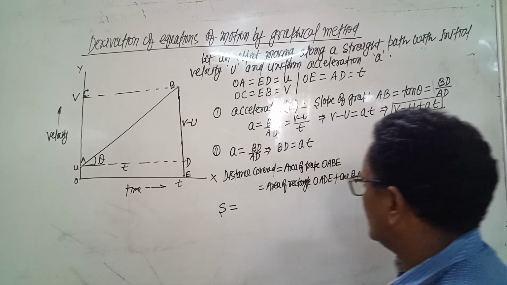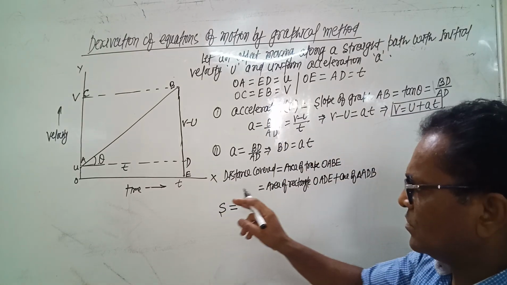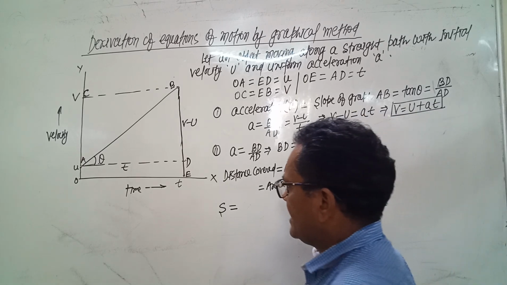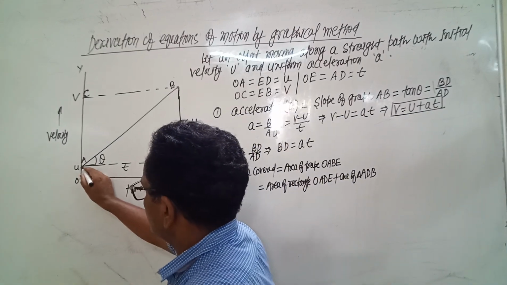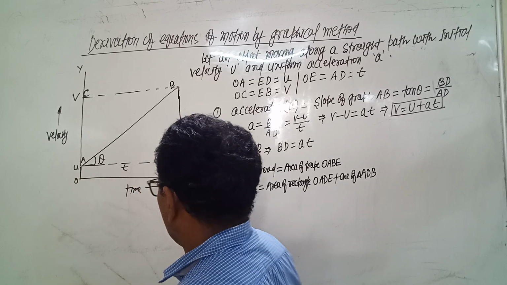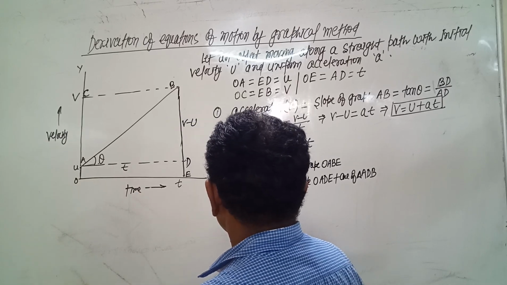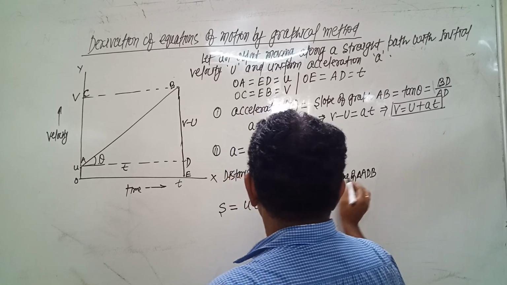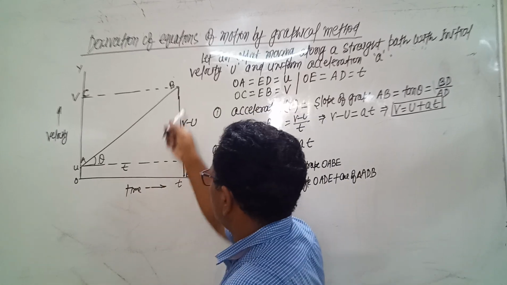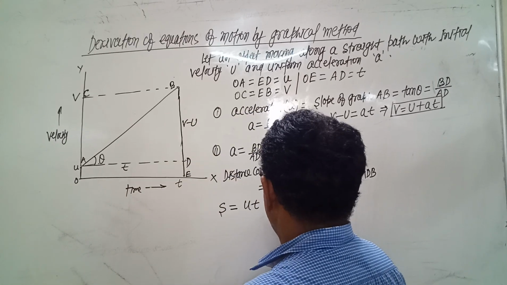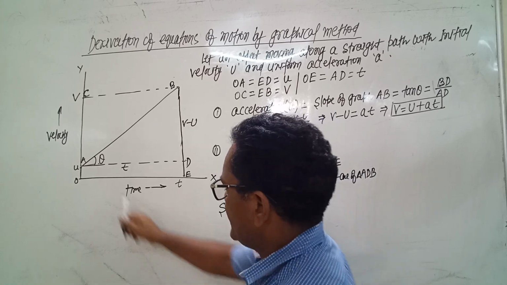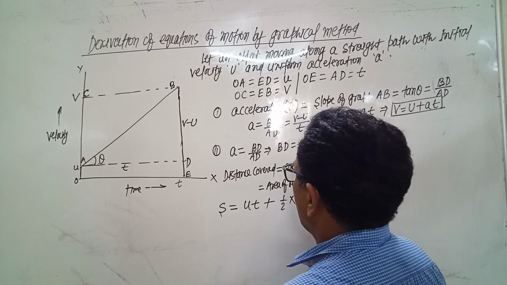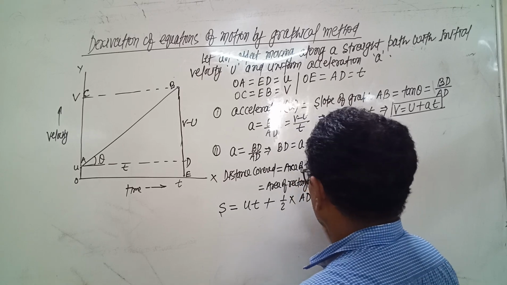Area of rectangle OADE is equal to length into breadth. Breadth is U, length is T, so U into T, plus the area of triangle ADB. So half into base AD into height BD.